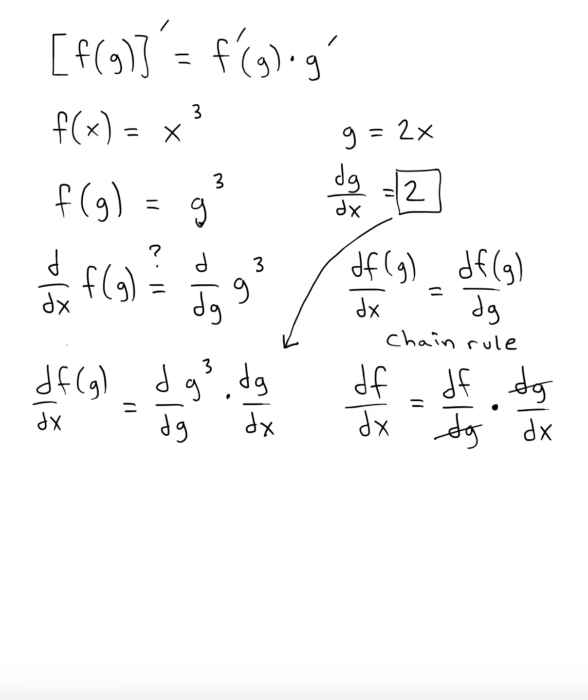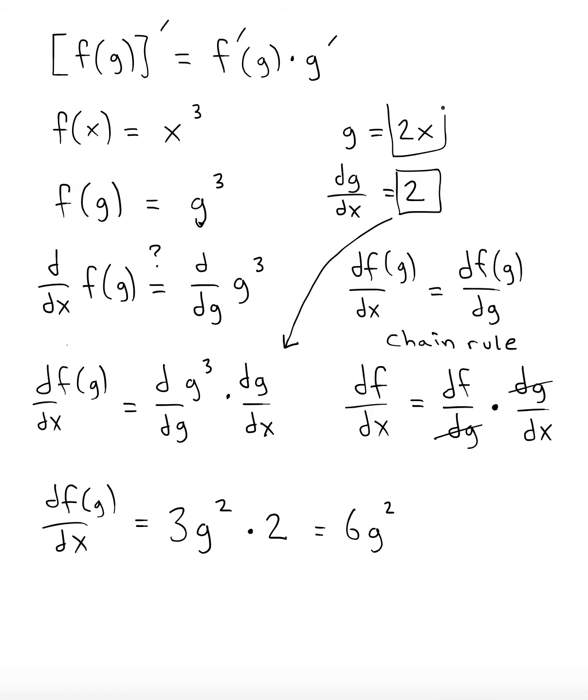So we'll get df over dx equals 3g squared times 2. We have to multiply by the derivative of g. That's part of chain rule. So what will that become? 6g squared.